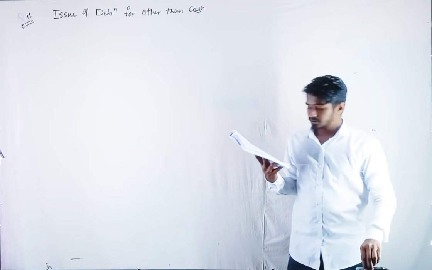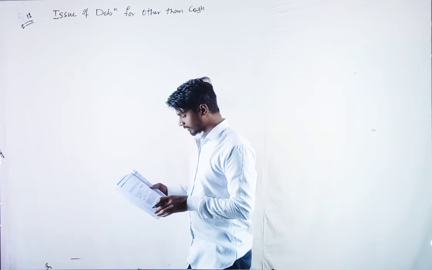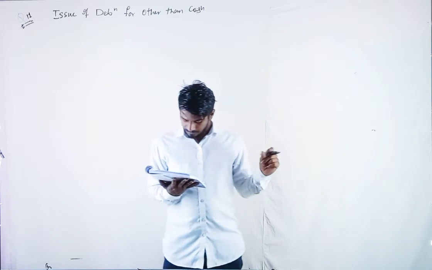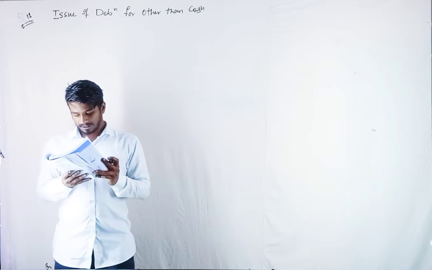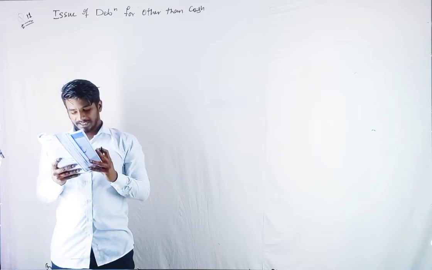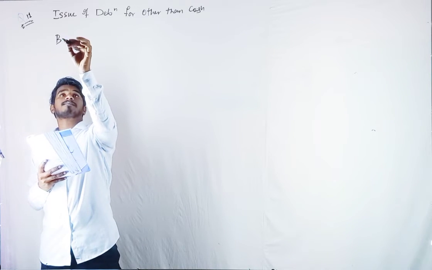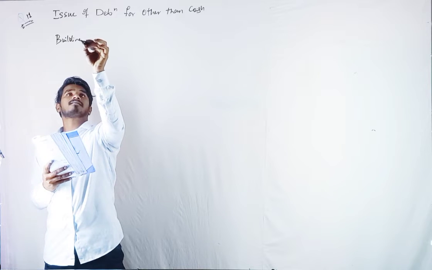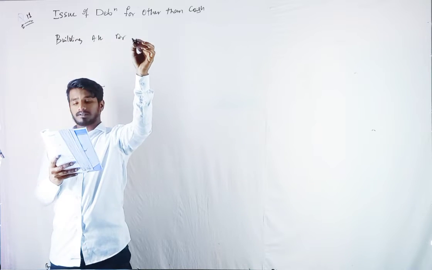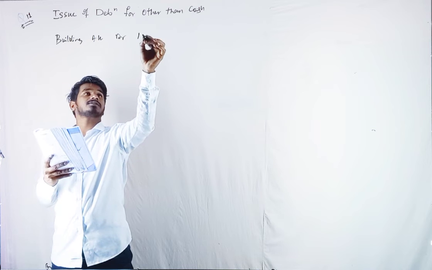Shall we make the journal entries? The first entry will be assets. Building account debit. How much is it? 1,50,000.